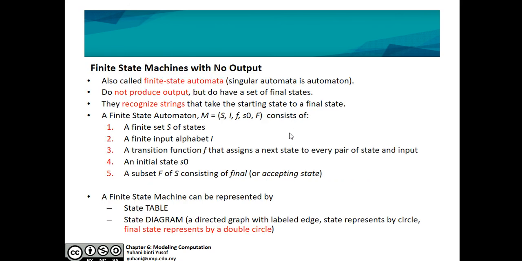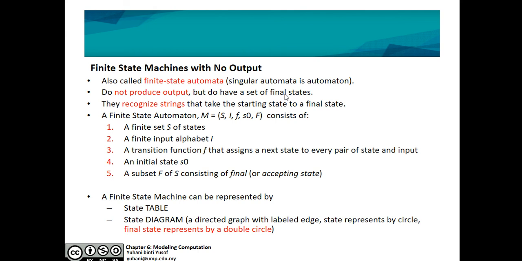Okay guys, now we come to the finite state machine with no output, or without output. Previously we covered the finite state machine with output. All finite state machines without output we call finite state automata, but if it is singular, we call it an automaton. This machine doesn't produce output, so it has a final state, which is different from the finite state machine with output, which doesn't have a final state.